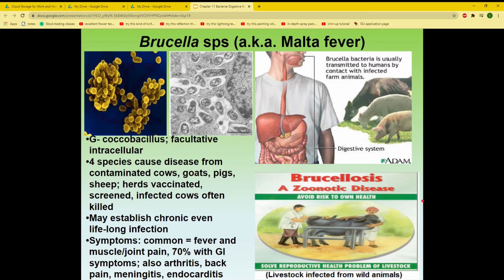Herds of the animals, cows, goats, pigs, can be vaccinated, and generally, if the cows are infected, you will go ahead and put them someplace else, maybe kill them. So it is avoided by drinking pasteurized milk and not consuming raw milk.